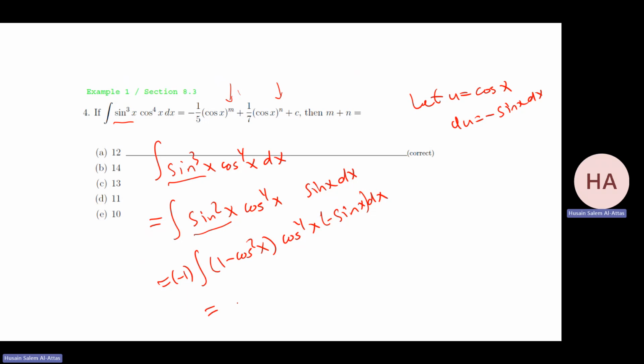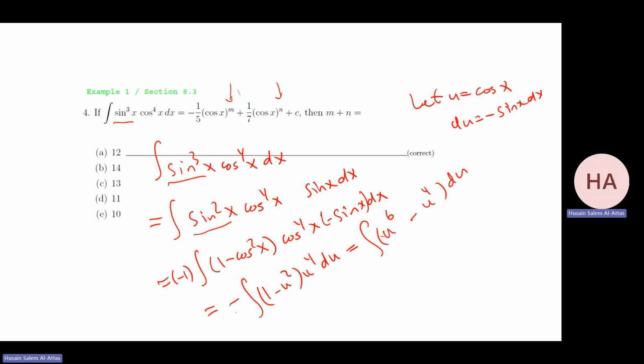That gives me minus 1 minus u square, u to the power 4 du. Minus times minus, that will be u to the power 6 minus u to the power 4 du.